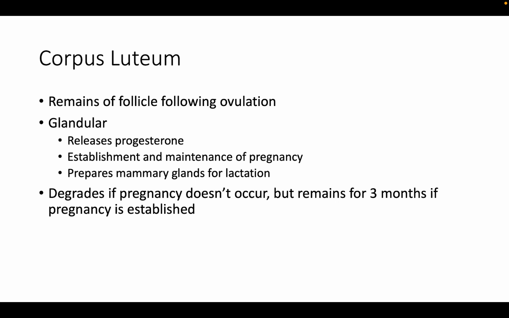And again, it's glandular, which means it's secreting a hormone which is going to affect the female reproductive system. It's going to release progesterone. This hormone is going to be affecting the establishment and the maintenance of pregnancy in the female. It also prepares the mammary glands for lactation, for when a baby is actually conceived.